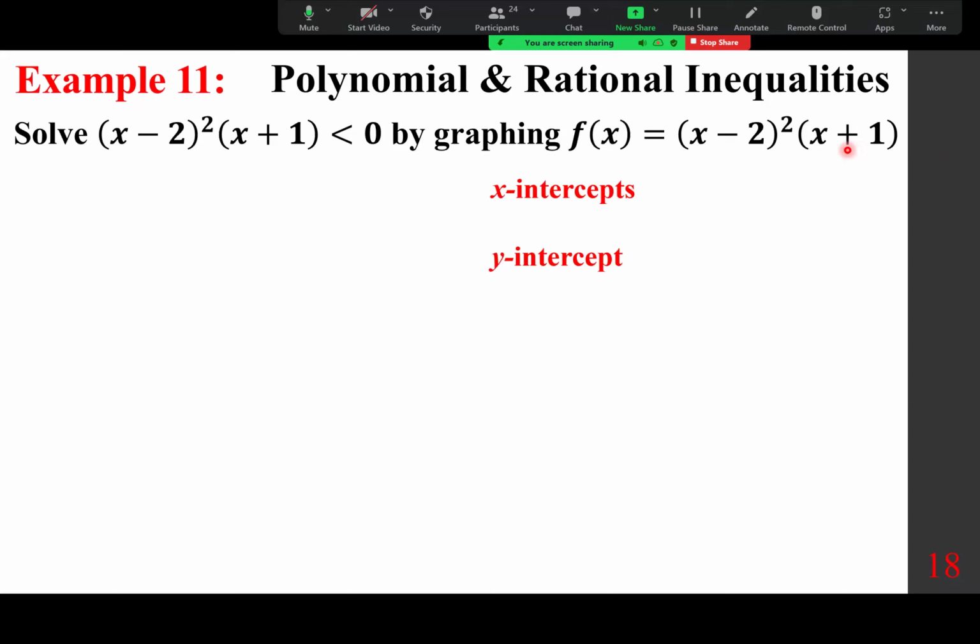You get this one equal to 0, you get negative 1, 0. And this one has multiplicity 2. This one has multiplicity 1. Now, as far as the y-intercept is concerned, if x is 0, you get minus 2 quantity squared, 4. And this one is 0 times 1, remains the same, everybody.